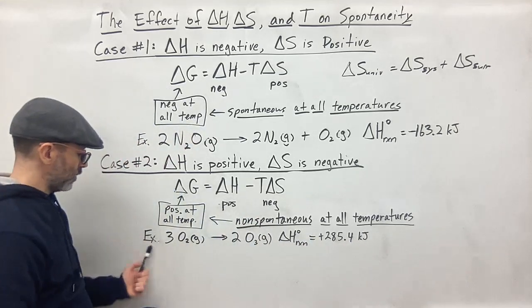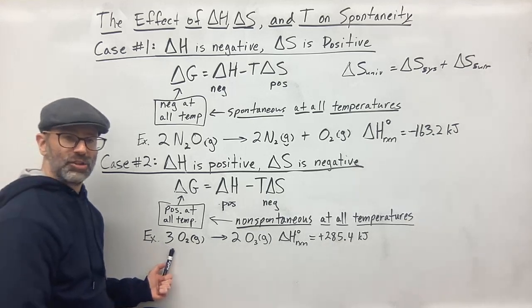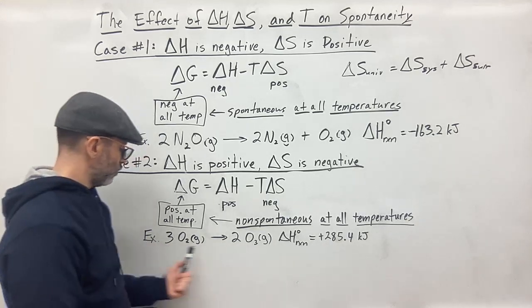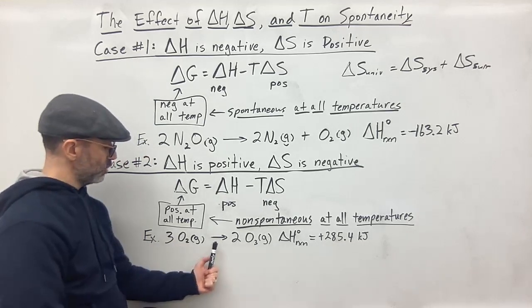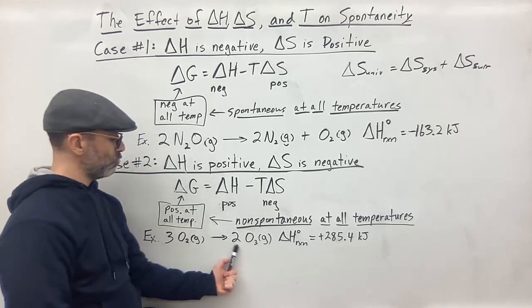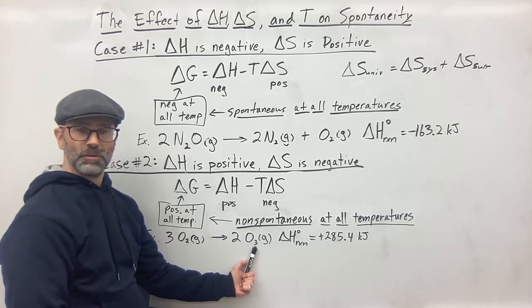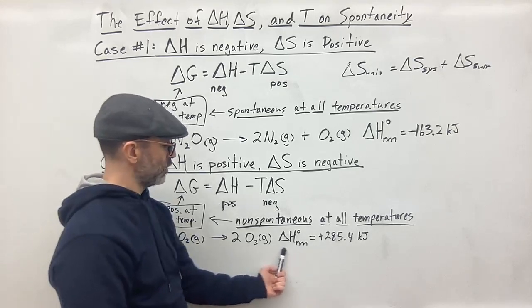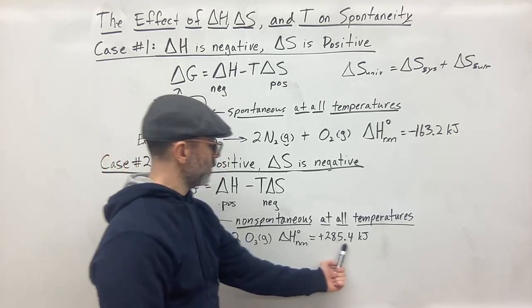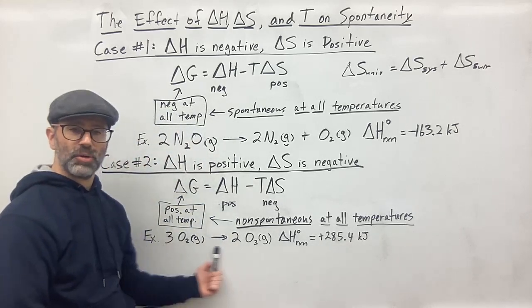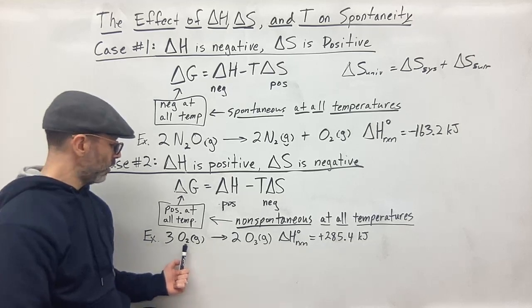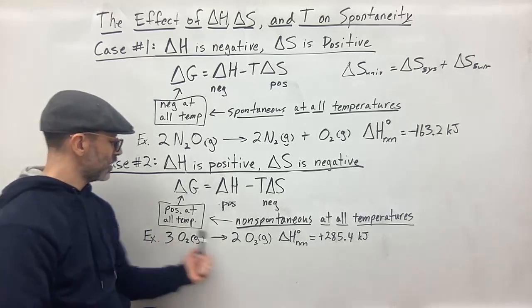An example of this would be oxygen forming ozone. Here you have 3 oxygen gas molecules, and then you go to 2 ozone molecules, and you can see that the delta H of the reaction is positive. And the delta S of the system, the reaction, is negative, because you're decreasing the number of moles.